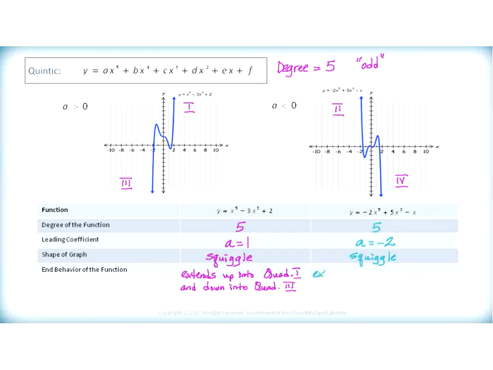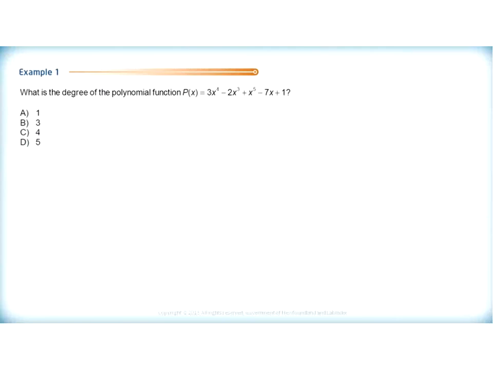And we say that the graph extends up into quadrant 2 and down into quadrant 4. So those are the characteristics of each of the functions: linear, quadratic, cubic, quartic, and quintic. Let's look at some examples.